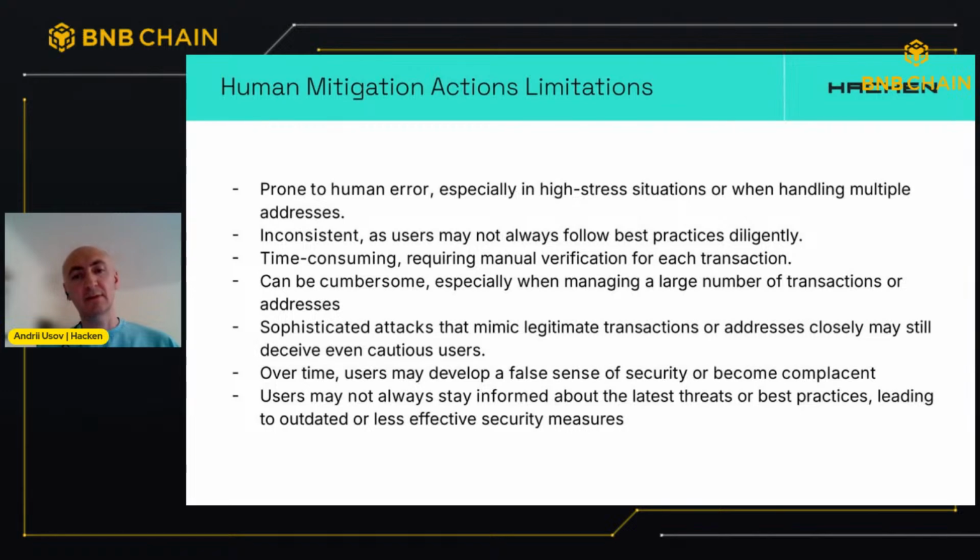In case of a large number of transaction addresses, it could be really annoying. And because of the different possible attack scenarios, a similar address could be really close, so we need to be very careful with these checks.